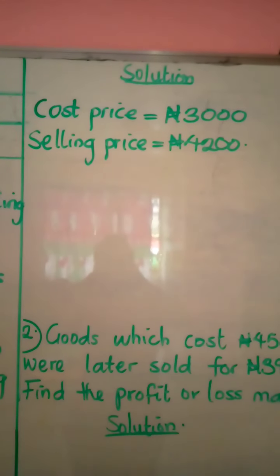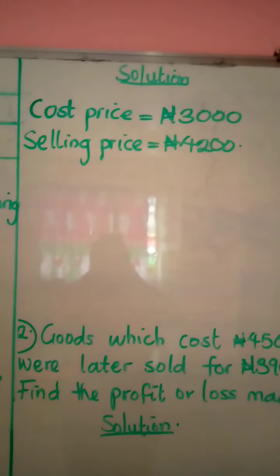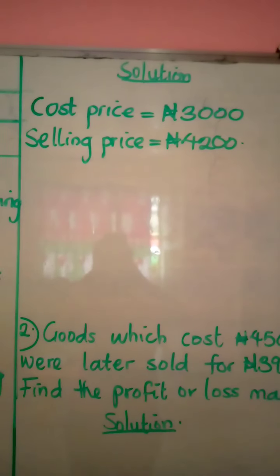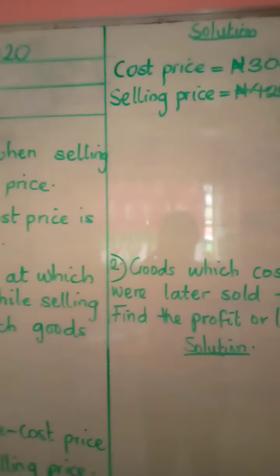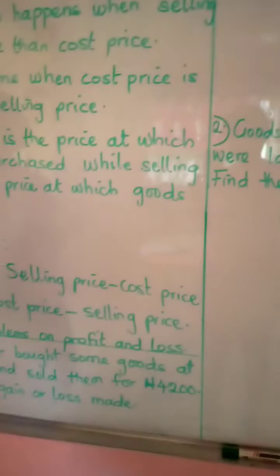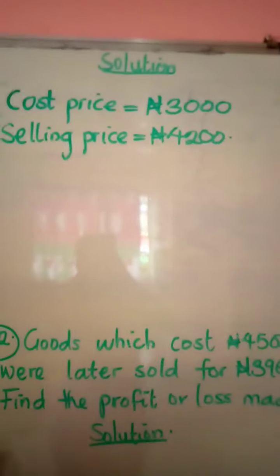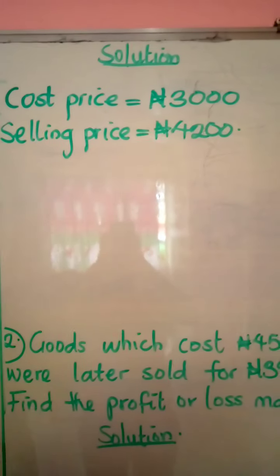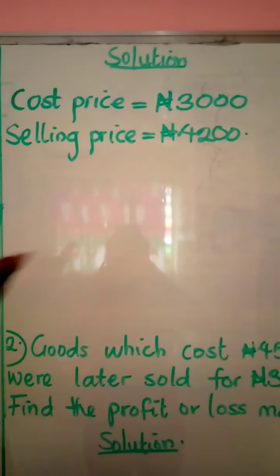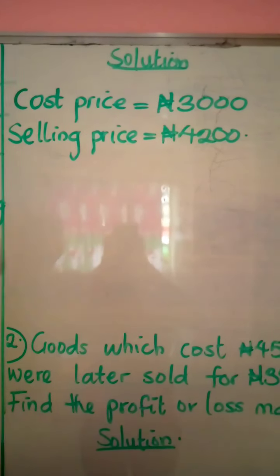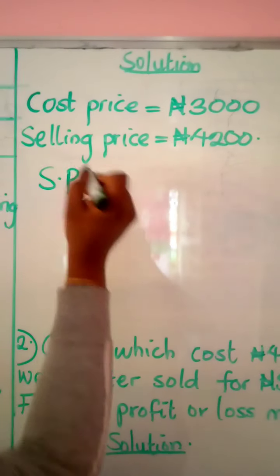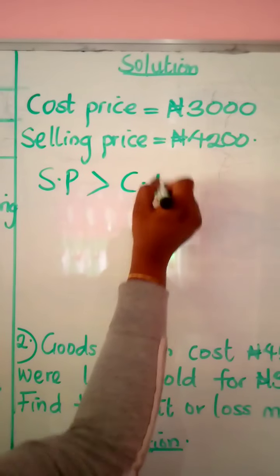Beautiful. Now we want to know if this trader made gain or loss. How do we know that? Remember our formula says for profit, selling price minus cost price. Now if you take a closer look at this, my selling price is more than my cost price. So just looking at this alone will tell you that it's profit because selling price is greater than cost price.